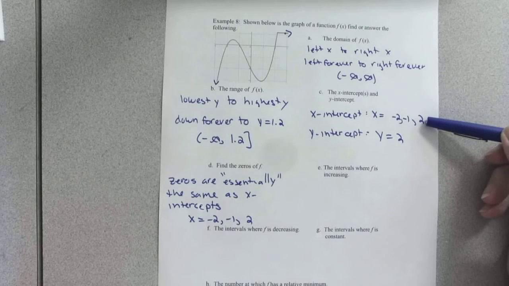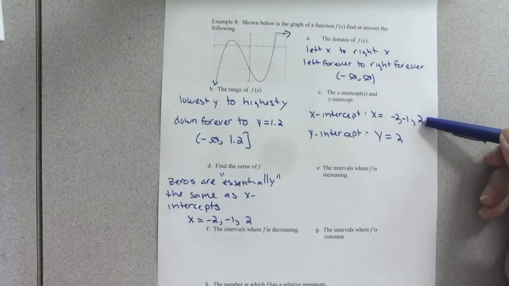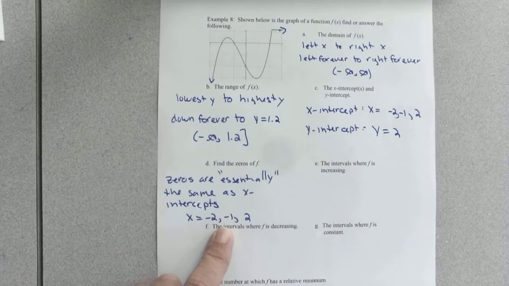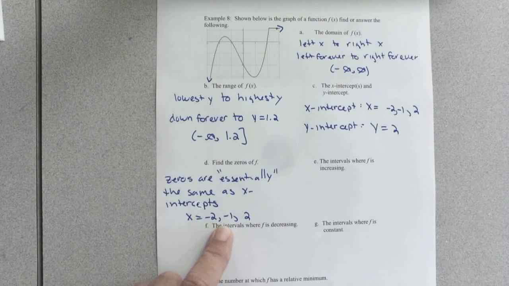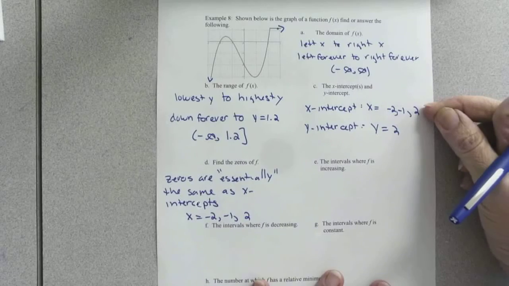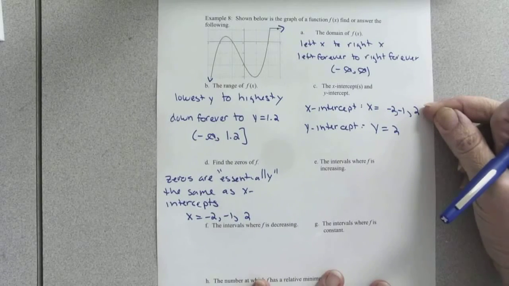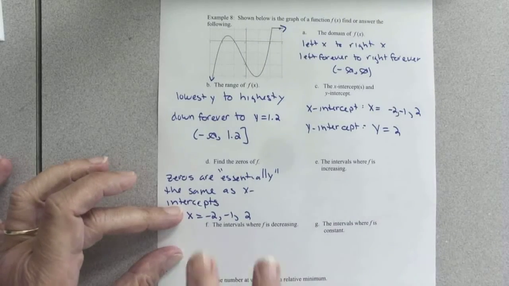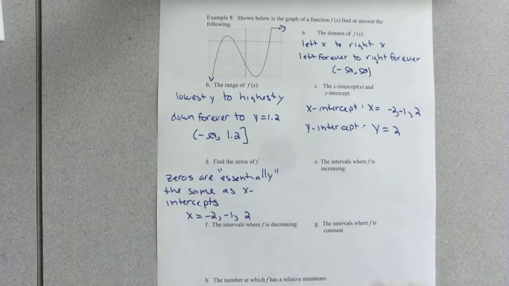Those are points. Zeros are just numbers. And so the zeros are just -2, -1, 2. So there's a small difference between x-intercepts and zeros. X-intercepts are technically points, so if I was being perfect, I would list both coordinates. Zeros correspond to the x-intercepts, but it's just the x values.